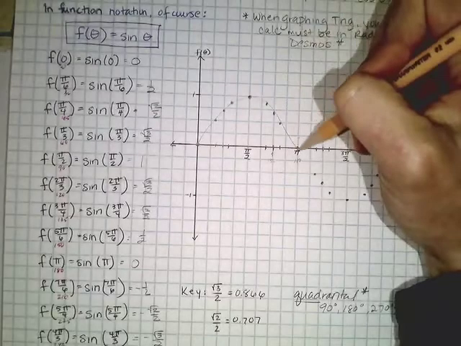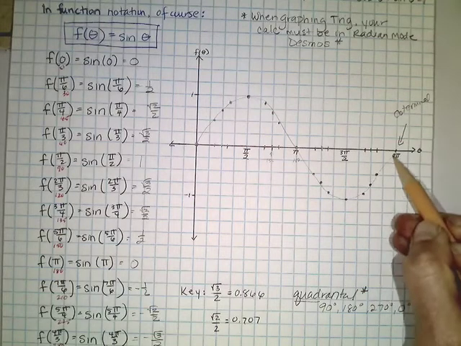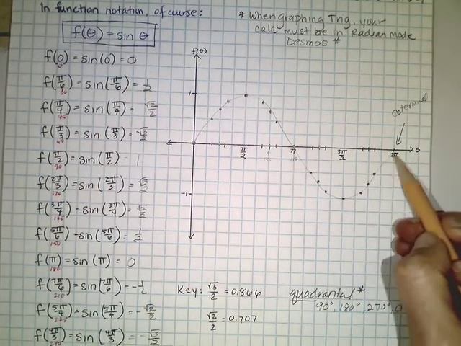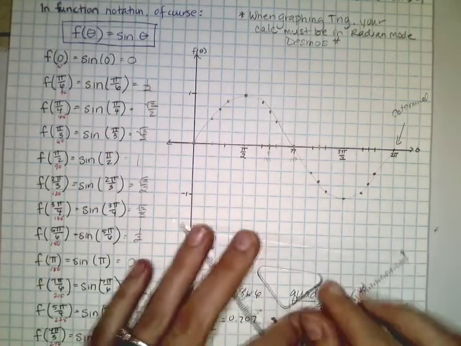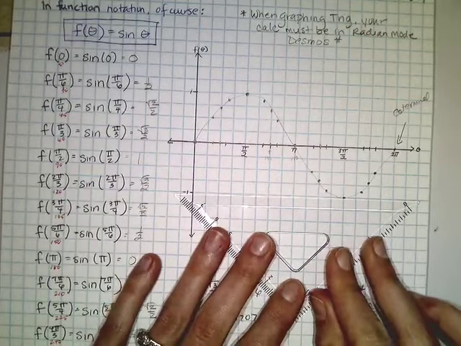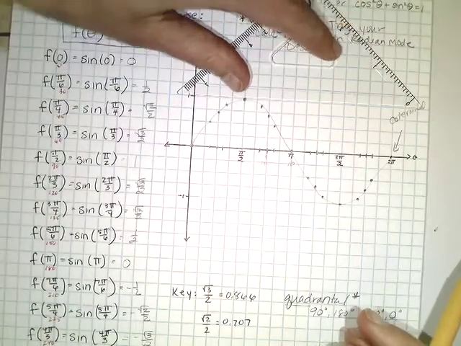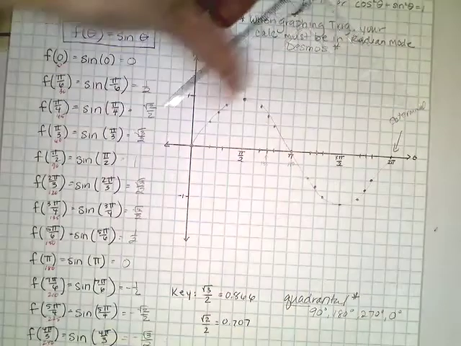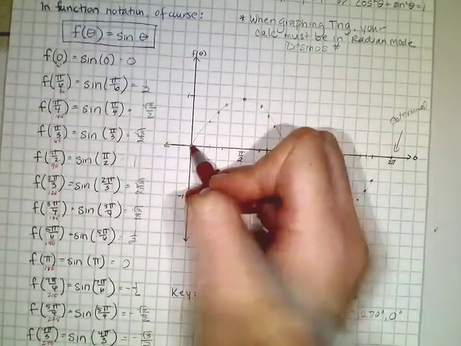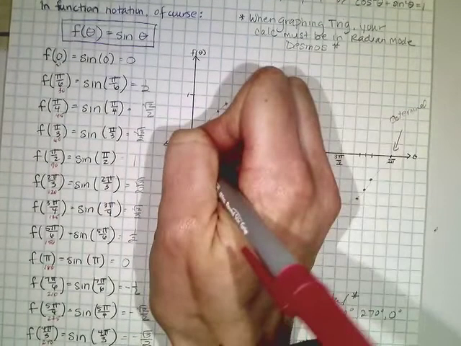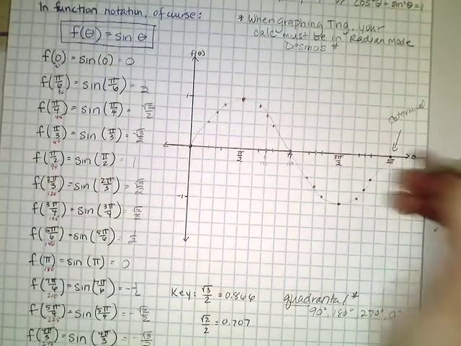Now, sine essentially, you can think of it too. Notice that it does not go below negative 1, right? And it also does not go above positive 1. It will bounce back and forth. The big thing too is a pattern that we see all the time in the sine curve: it goes 0, 1, 0, negative 1, 0, right?